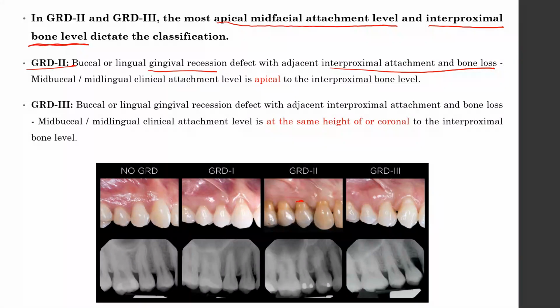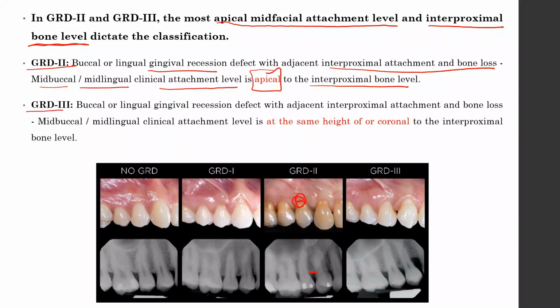But the condition in GRD2 is that the mid-lingual and mid-buccal clinical attachment level is apical to the interproximal bone level. As you can see in GRD2 here, this midfacial attachment is apical to the bone level. So that is the case of GRD2.